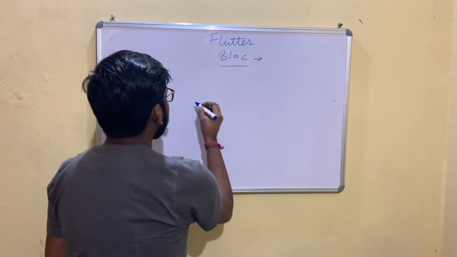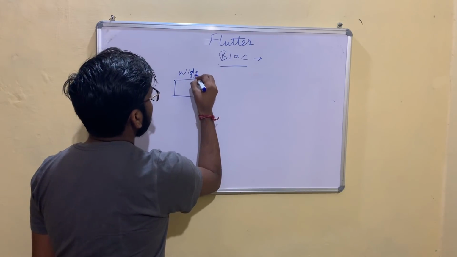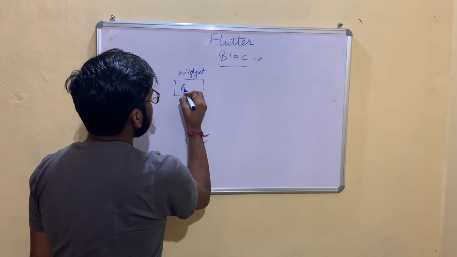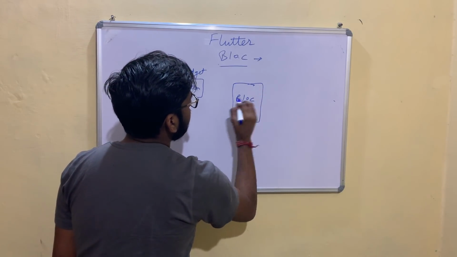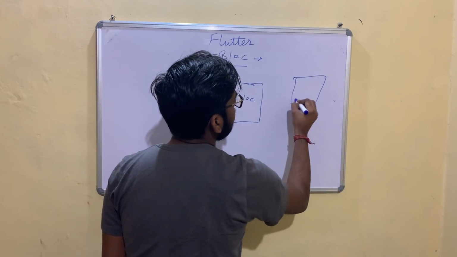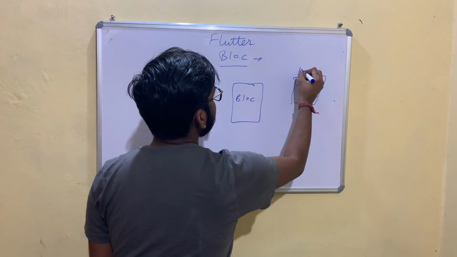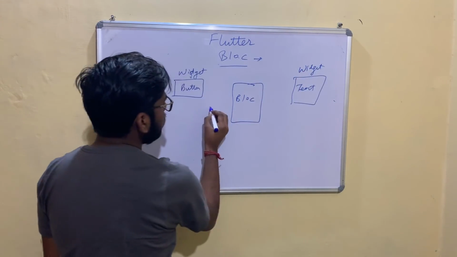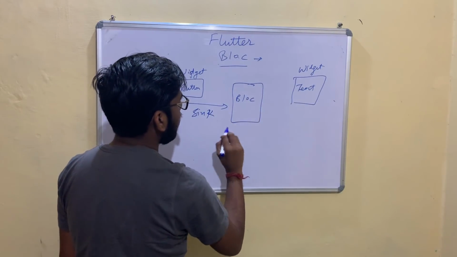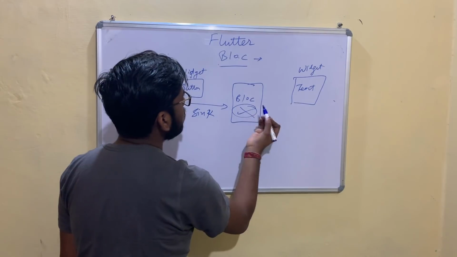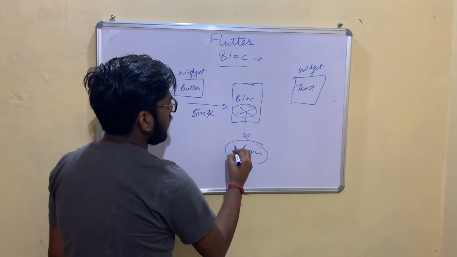Let's say there are some widgets in Flutter. This is a widget, a button, let's say. Here is my BloC, and then there is another widget which is a text. Now I'll do some input to this BloC via sink, and it will do whatever it wants to do, or hand the data to a view model or whatever you want to use.